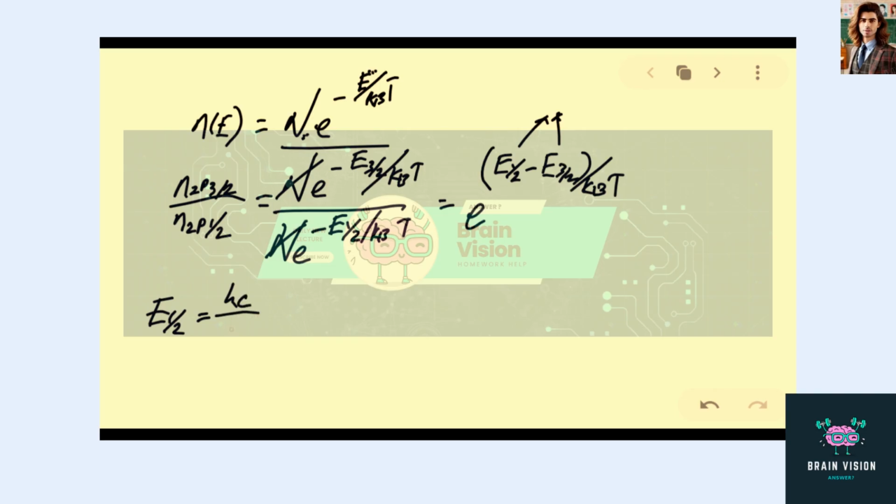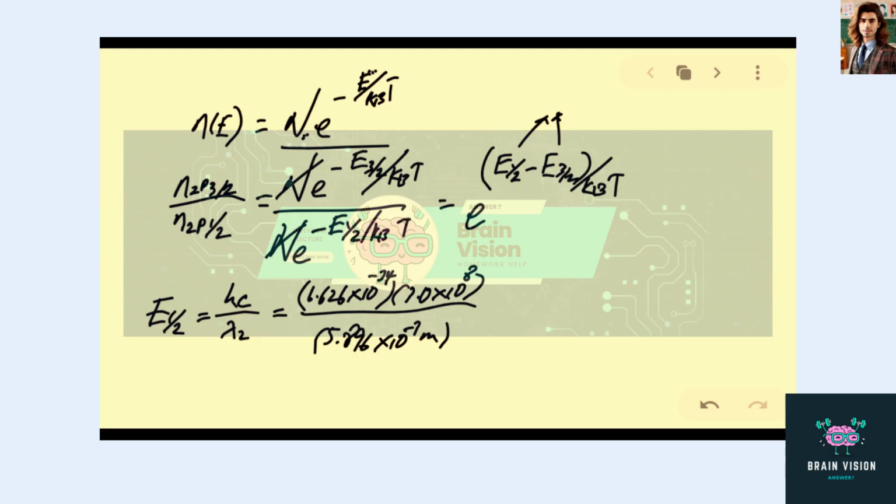So it's hc over lambda 2. From the figure, the wavelength of the photon being emitted is 5.896 times 10 to the power minus 7 meters. This will give us 3.369 times 10 to the power minus 19 joules.